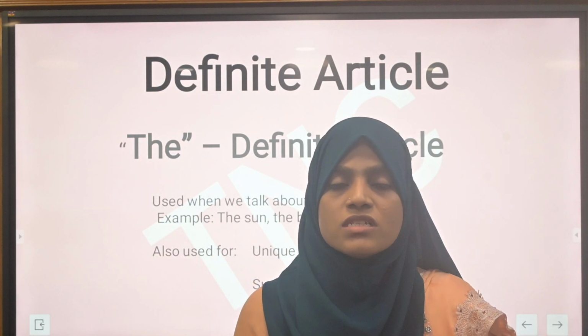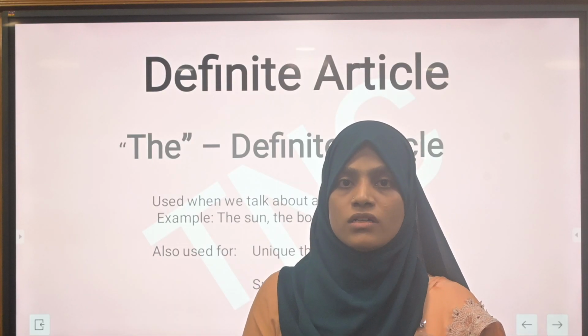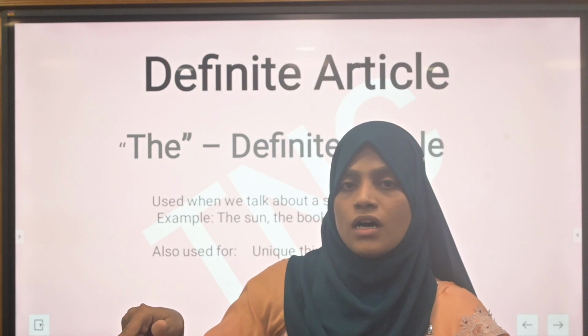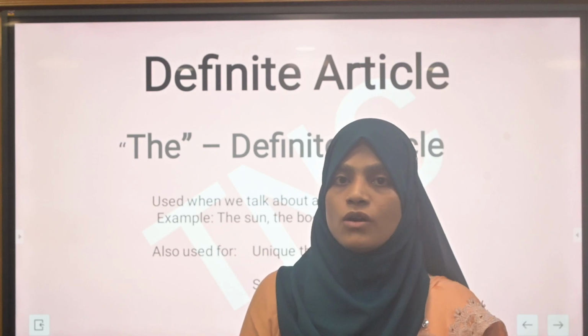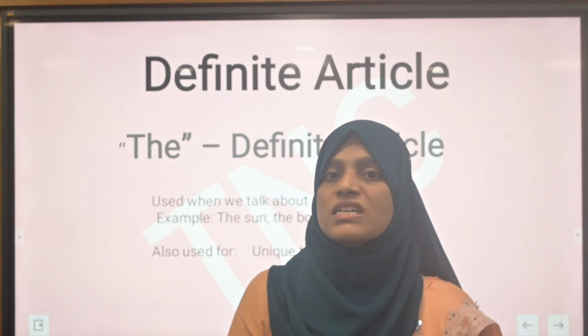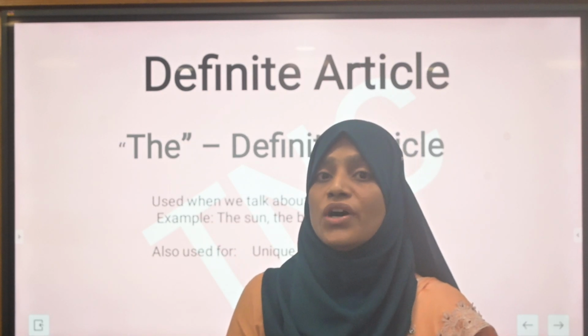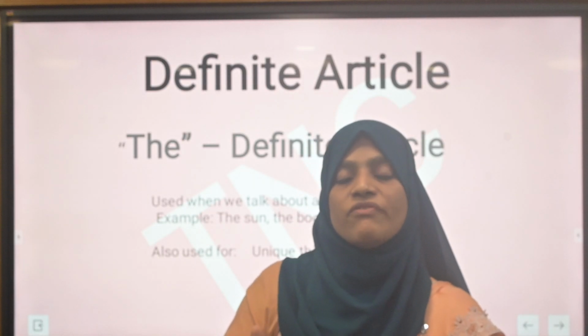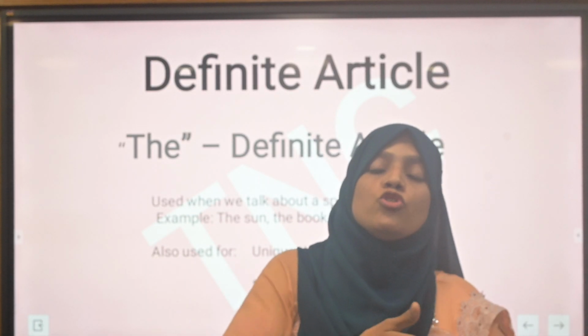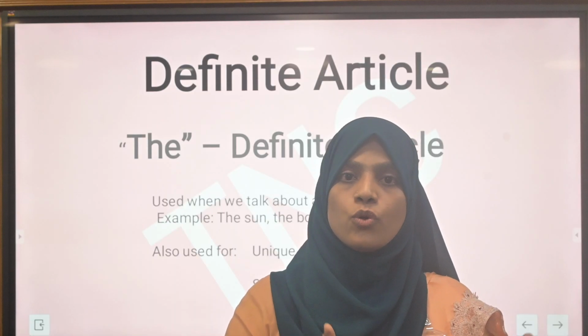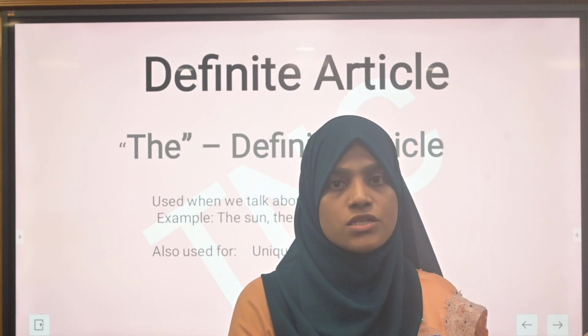We also use the for a particular thing, or when we are going to show any specific thing. Alright, the book, the hospital. She went to the hospital. I went to the college, because I am going to a particular college, isn't it?